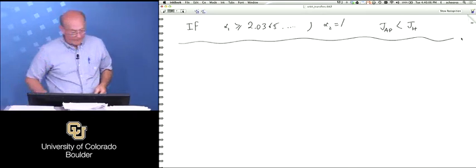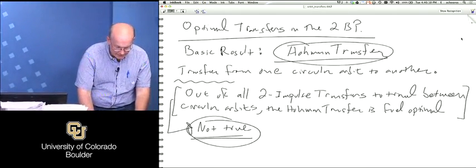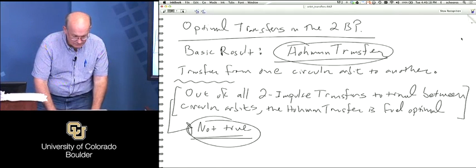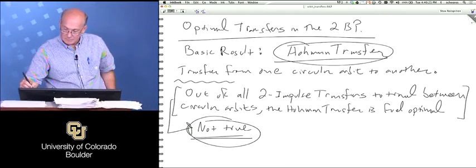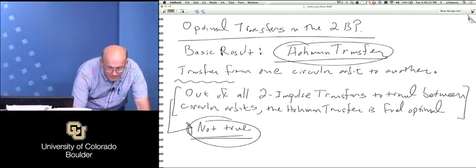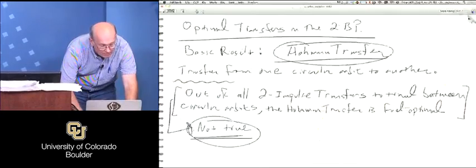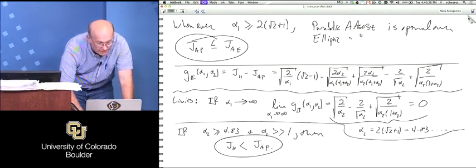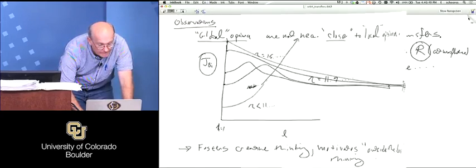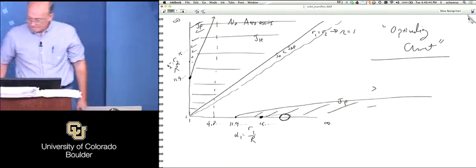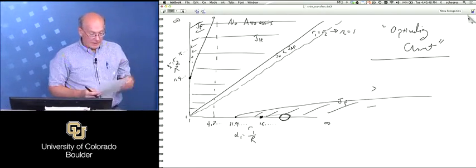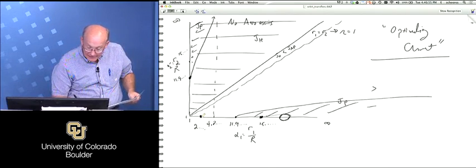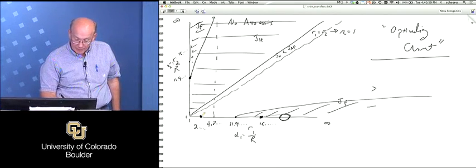And while this isn't a definite result, if we go back to the optimality chart, it does tell us that actually starting at this 2 value, the aero-assist parabolic starts to become optimal over the Hohmann.